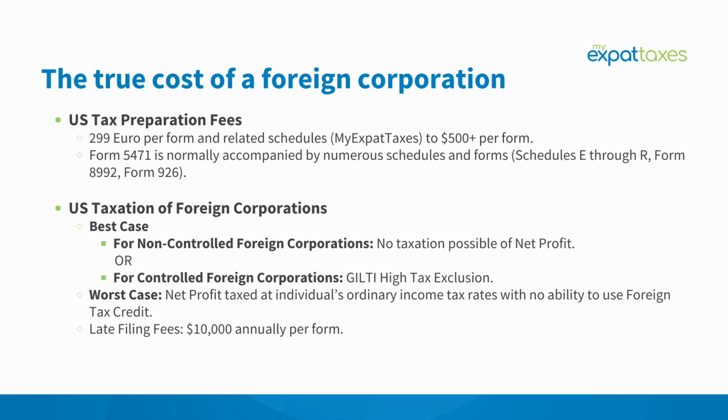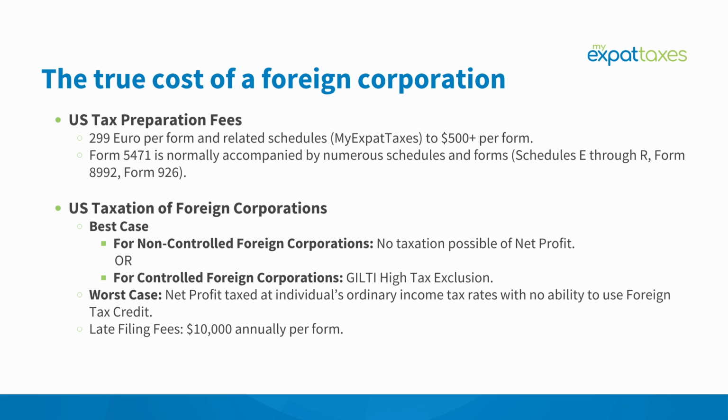The worst case is if you have a controlled foreign corporation, your net profit is subject to taxation by the IRS. Like I said, if you pay over 18.9% of corporate tax, we can use a high tax exclusion. If you pay under that amount, we cannot use a high tax exclusion.